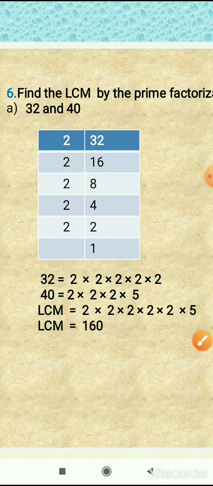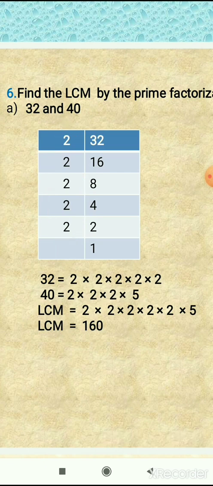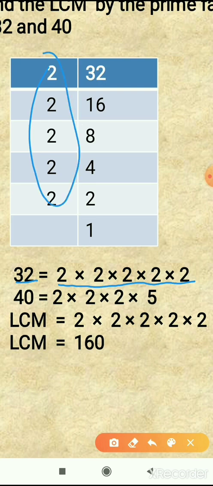In this way all divisors here are prime numbers. Okay, so we get the prime factorization of 32. Look here, the prime factorization of 32 is 2 into 2 into 2 into 2 into 2.